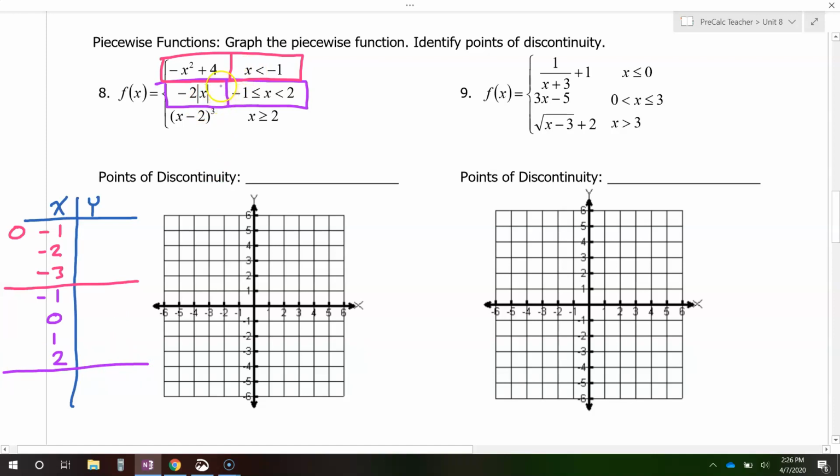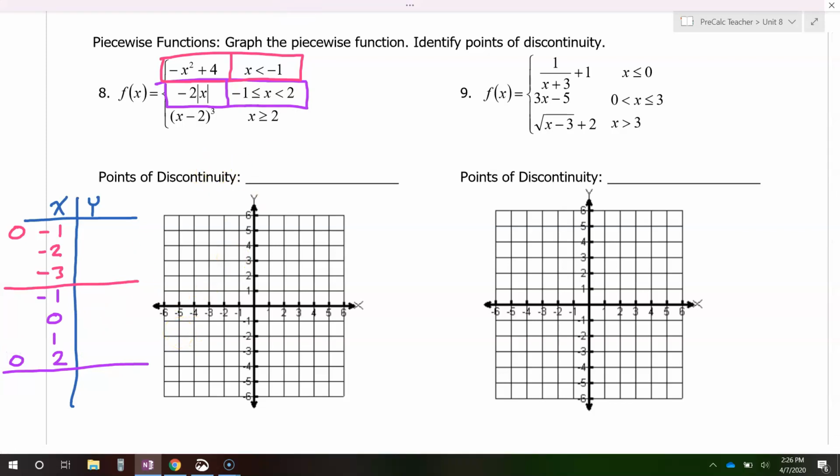Now be careful, because notice how the 2 does not have the or equal to sign. So the 2 cannot actually be included. So the way I show that is by making that an open circle as well. So that should be an open circle.